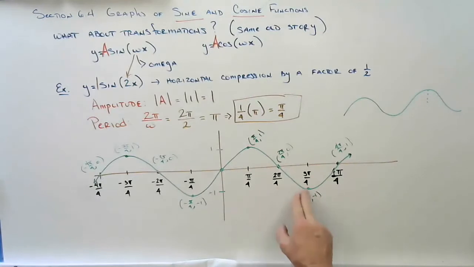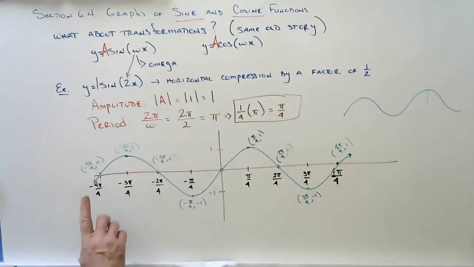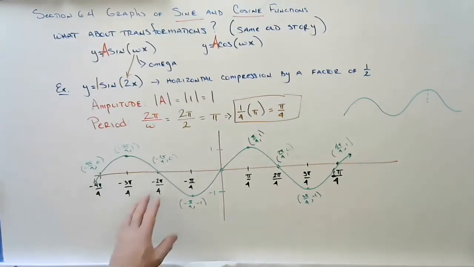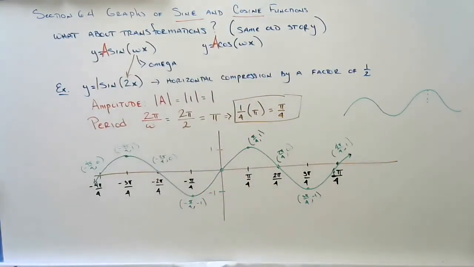We labeled them in a counting way: 1 pi over 4, 2 pi over 4, 3 pi over 4, 4 pi over 4, -1 pi over 4, -2 pi over 4, -3 pi over 4, -4 pi over 4. We found our amplitude. Our amplitude was 1. We noticed we were not shifting left and right. So we put our dot here because we were doing sine. We started at 0, 0 for sine, and then we just connected our dots, and we're done.